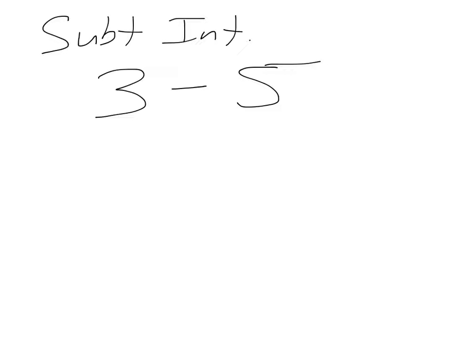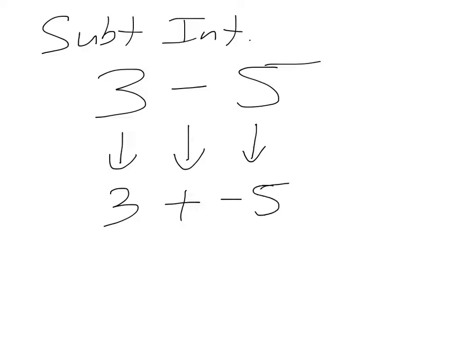Same meant keep the first number the same, change the subtraction to addition, change the second number into its opposite, which would be negative 5. So what I have is 3 plus negative 5. That's how we subtracted integers or even rational numbers.